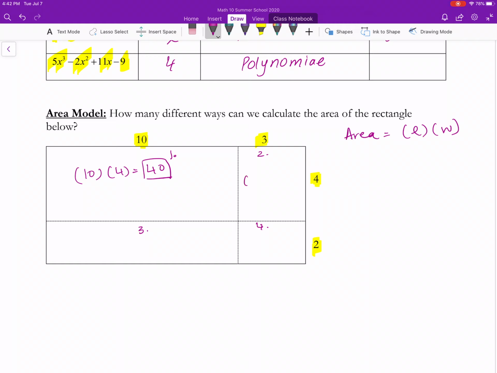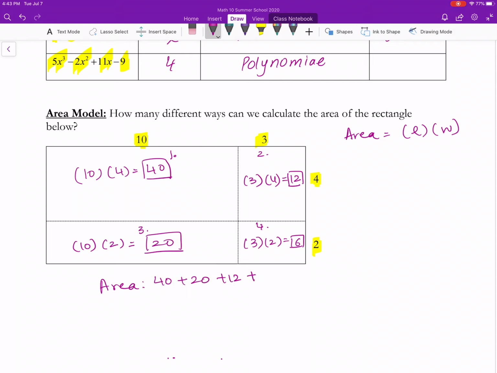In this rectangle, length is 3, width is 4, so area is 12. This one, it's 10 times 2, so area is 20. The last one, it's 3 times 2, area is 6. So the total area of this rectangle can be found by adding the areas of all four small rectangles, 40 plus 20 plus 12 plus 6, which gives us 78 units square.